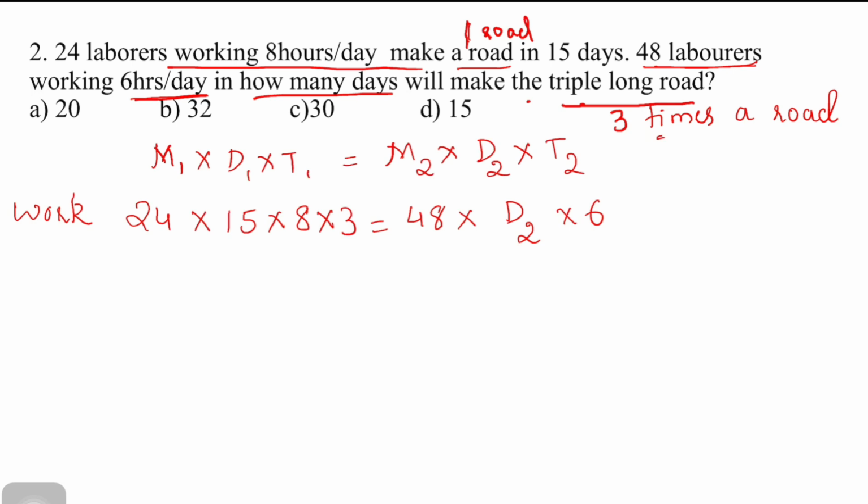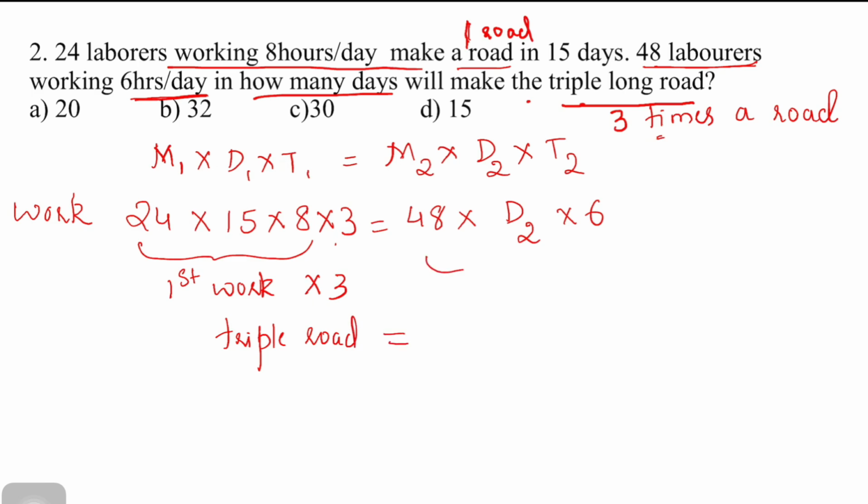This is the first work, isn't it? So first work into 3 will give us triple road, which has to be done by these people. So cancel it here.